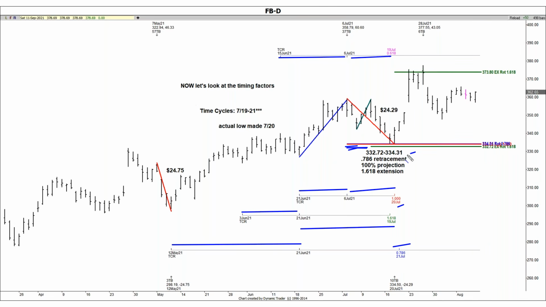We were trading straight down into July 19th through the 21st. The actual low was made on the 20th, directly within the zone. So we had time and price come together. It was followed with multiple buy triggers, starting with day trade triggers. And in this example, you met two targets on the upside.